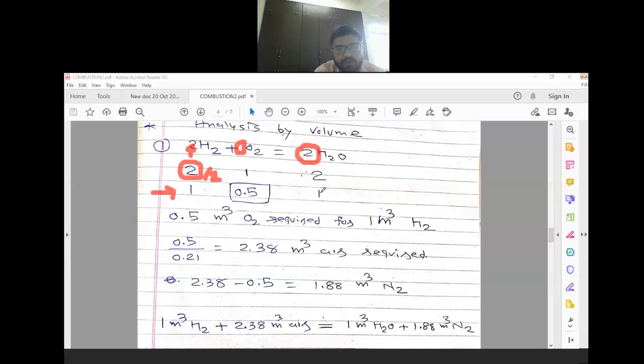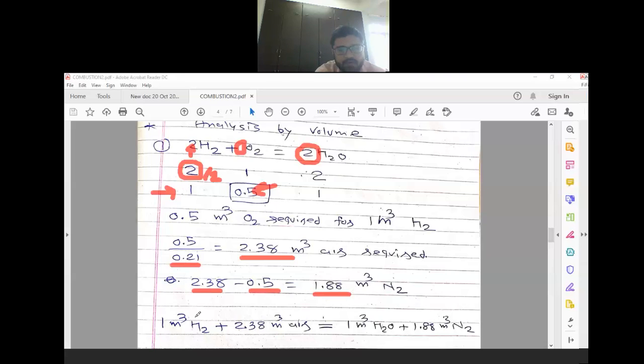But we want to find out the air. This is the quantity of oxygen, and we want to find out the air. So you have to divide this by 0.21. So this is the quantity of air you can find out. Now from the quantity of air you need to subtract the value of oxygen, so you can find out the value of nitrogen.